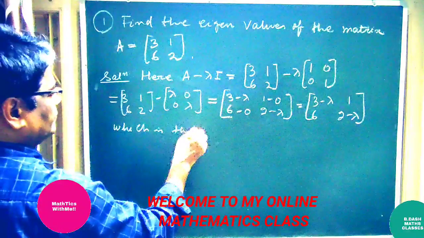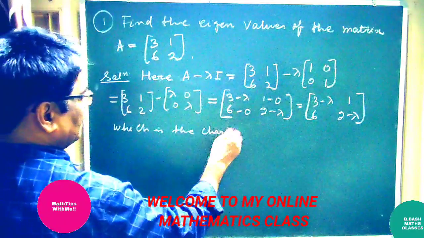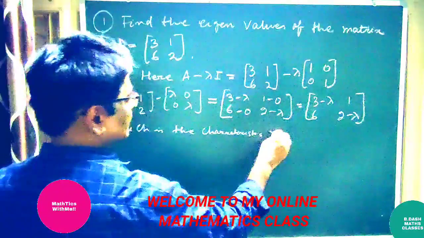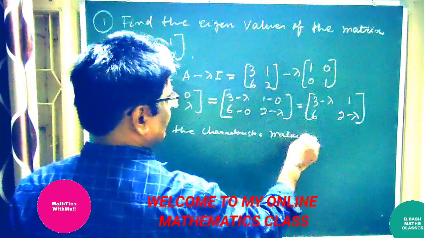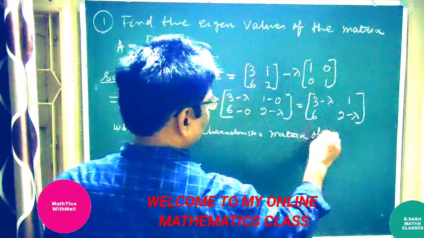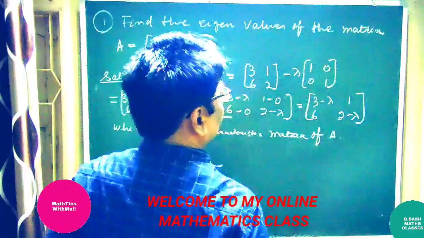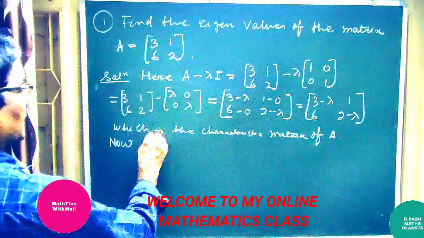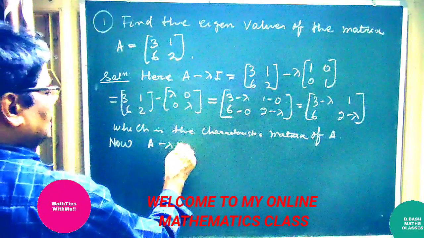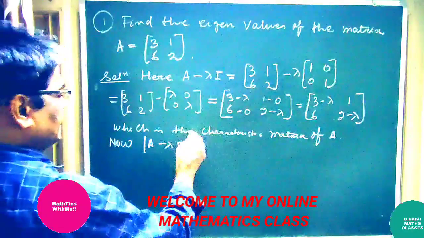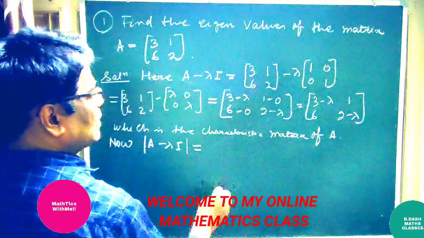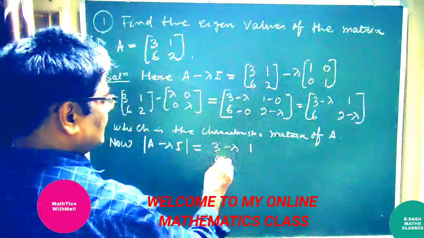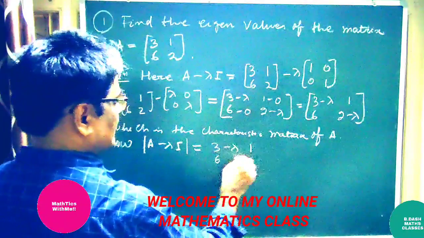Now the determinant of A minus lambda I equals the determinant of [3 minus lambda, 1; 6, 2 minus lambda].